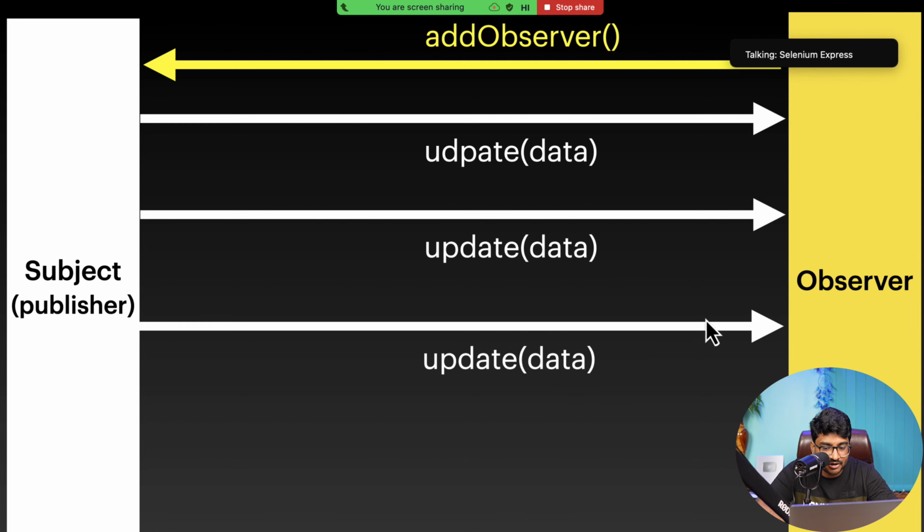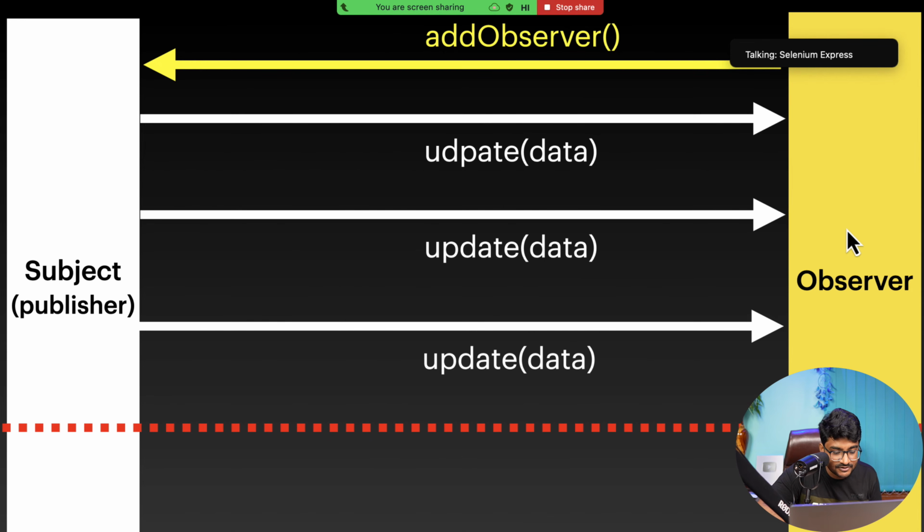Okay, so here the observer is just requesting, but the subject or the publisher is pushing data. Okay, unlike the iterator pattern. In the iterator, the observer was pulling the data from the subject. In the observer pattern, the publisher is pushing the data to the consumer, or to the client.